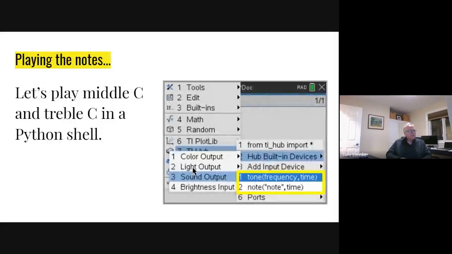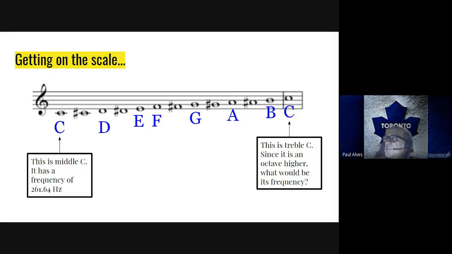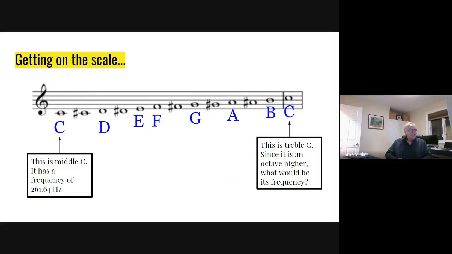Can I just interject one little question? So what is a hertz? I don't know. What's a hertz, Tom? It's actually an important thing for understanding why C and C are double each other. Hertz is how many waves there are in a second. So how many sound waves fit in a second, which is tied very closely to our grade 11 and 12 curriculum in Ontario with trig functions.